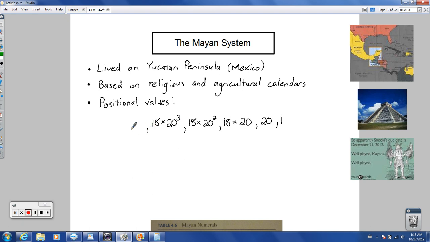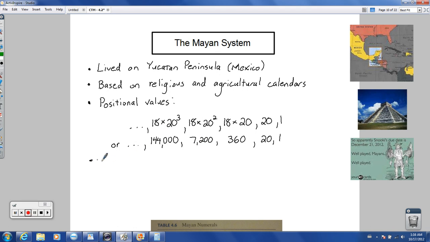It would be 18 times 20 to the 4th, 20 to the 5th, etc. Or you could say, if you multiply these things out, this becomes 144,000. This becomes 7,200. 18 times 20, that's 360. 20 is just 20, 1 is just 1. So you can think of it like this or like this.